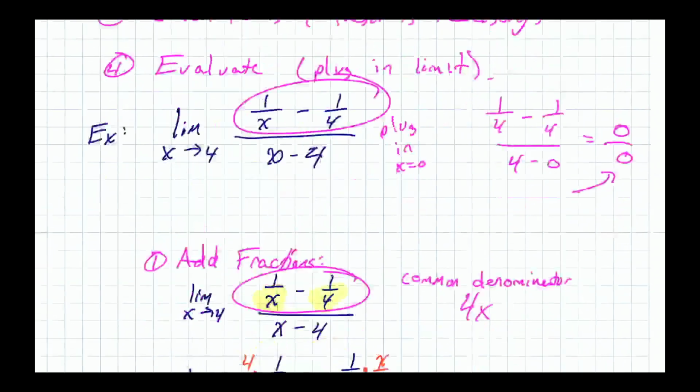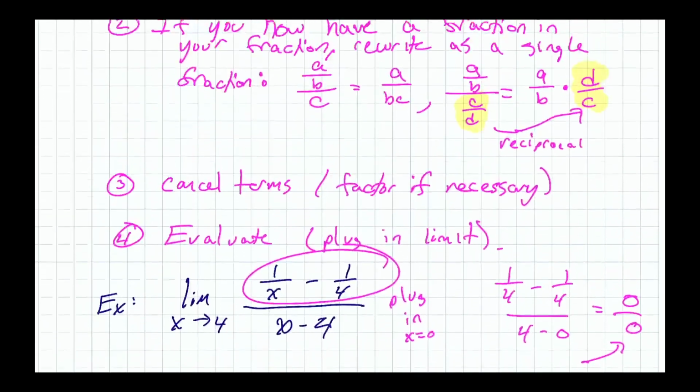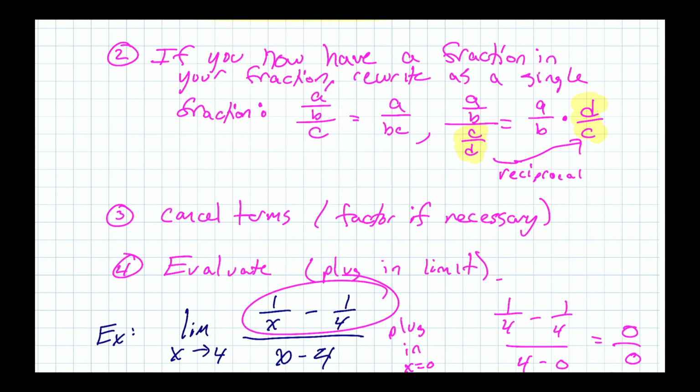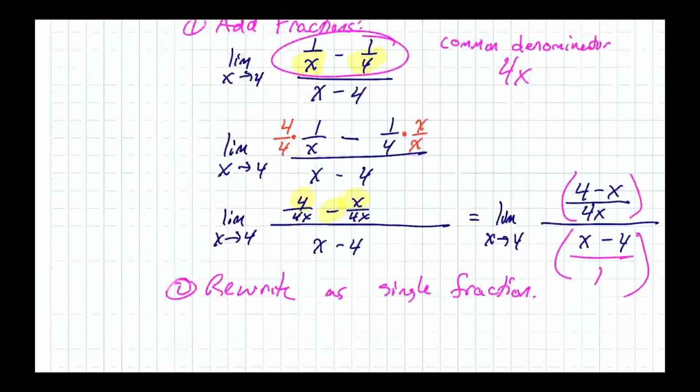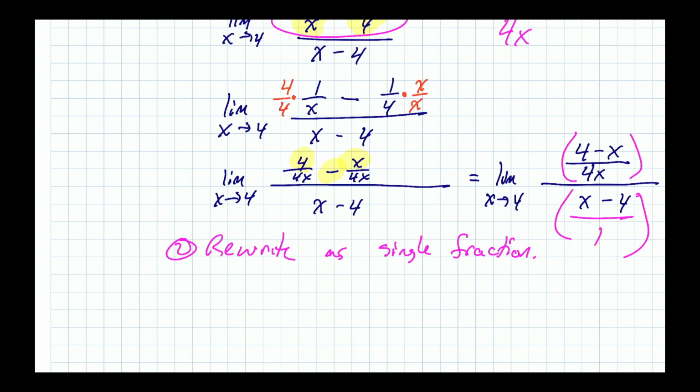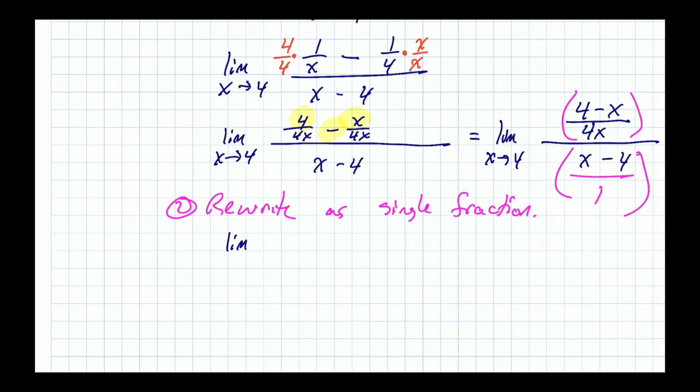And now you can do it exactly using this method: if you're dividing a fraction by a fraction, you multiply by the reciprocal. So we are going to get the limit as x goes to 4 of the top fraction, 4 minus x over 4x, times the reciprocal of the bottom one, which is now 1 over x minus 4. I had to add the 1, but there you go.